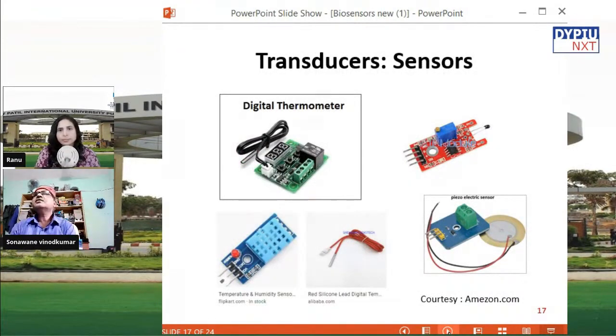Here again some transducers are there, like a digital thermometer, sensors, and some piezoelectric sensor. So here you see that, in addition to this, the piezo sensor is there. So what is a piezo sensor? Basically, we know the piezoelectric effect.